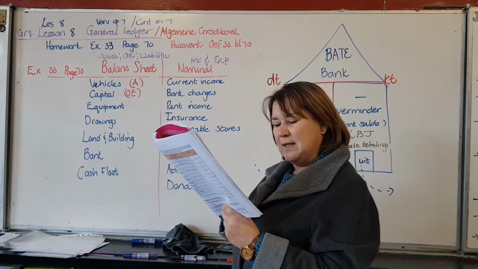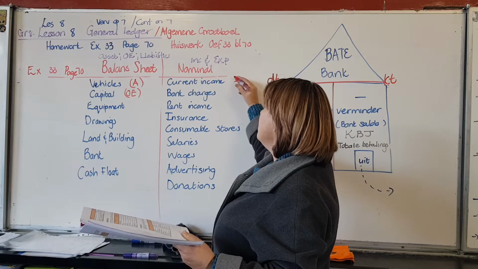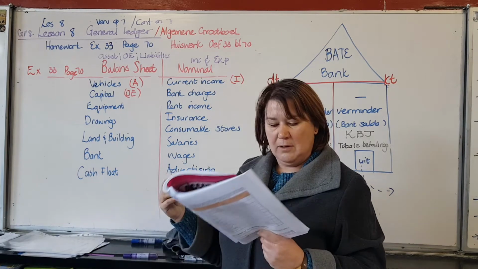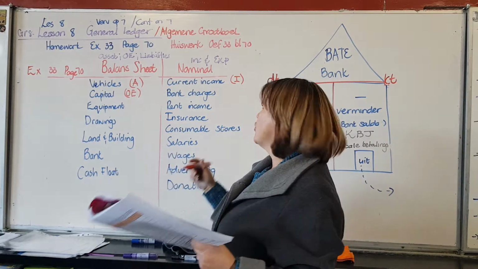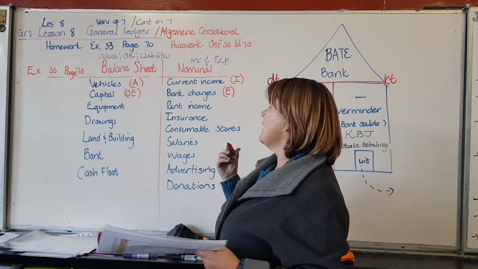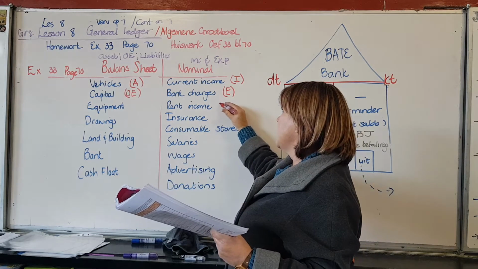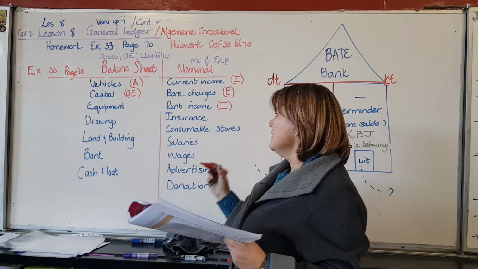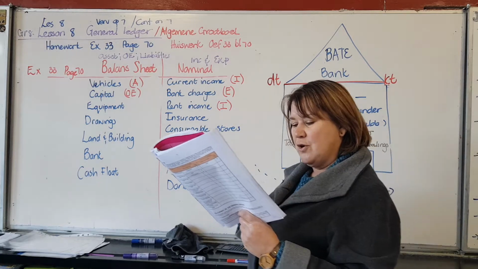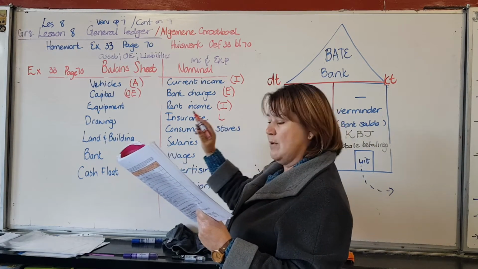So let's see the next one, current income. Current income is an income. That's what's in the nominal accounts. Bank charges is an expense. Okay, that's part of your nominal account. Your rent income is an income, so it's nominal account. Insurance is an expense. No, sorry, equipment.